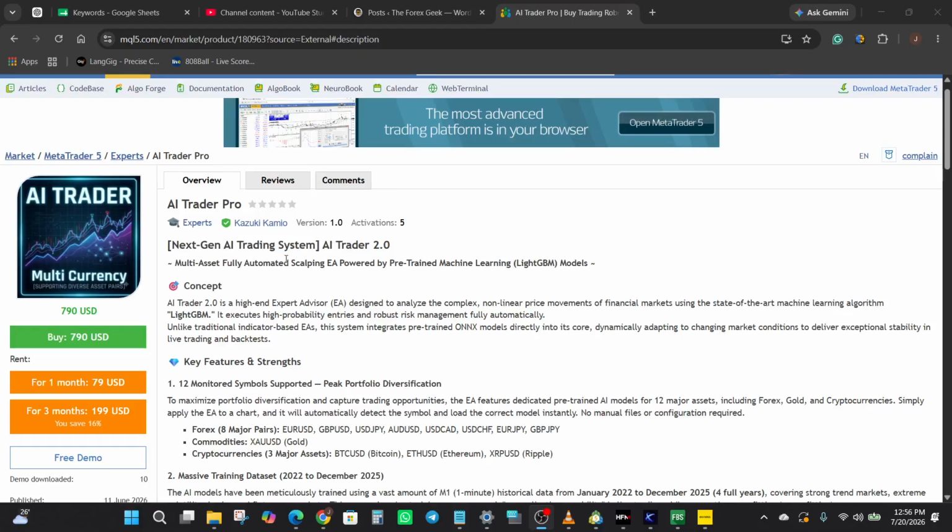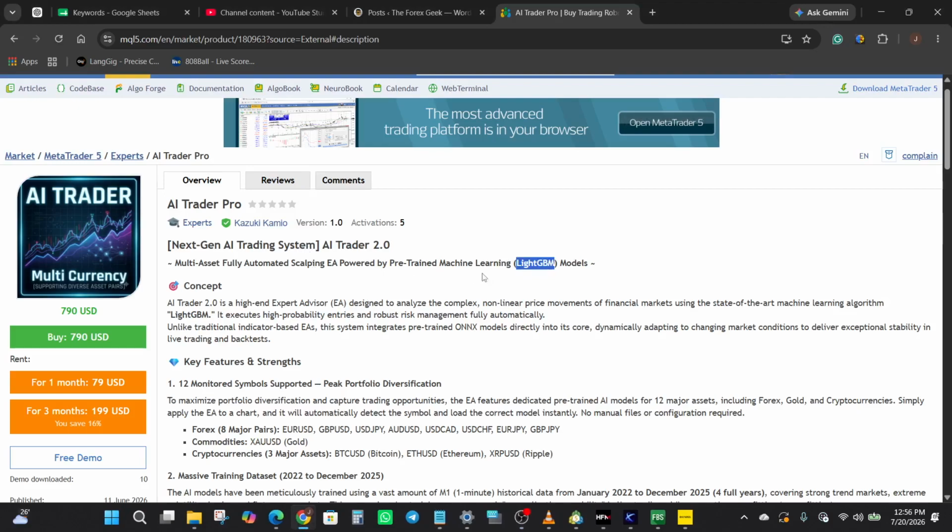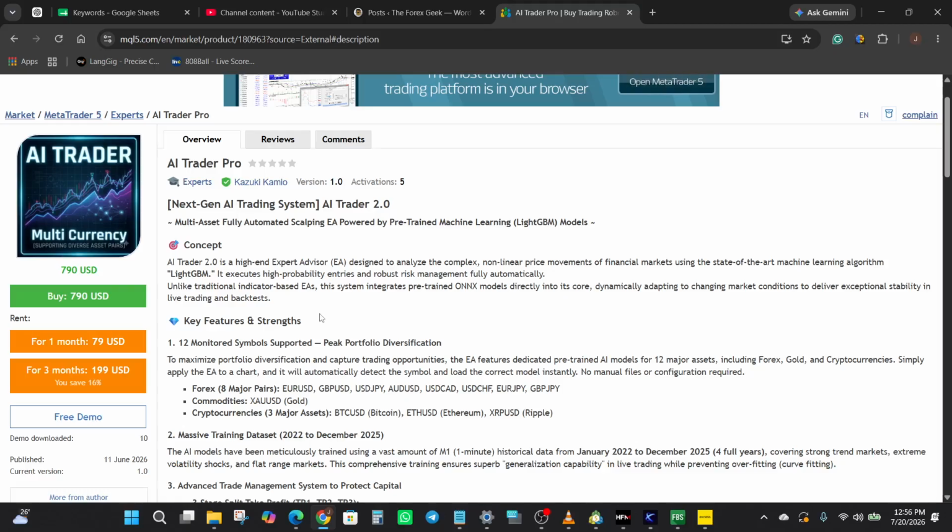Scrolling into the concept, this uses a machine learning model called LightGBM integrated through ONNX, designed to analyze non-linear price movements and execute high probability entries automatically across multiple assets.